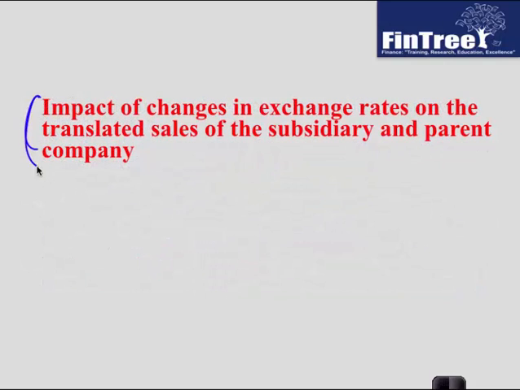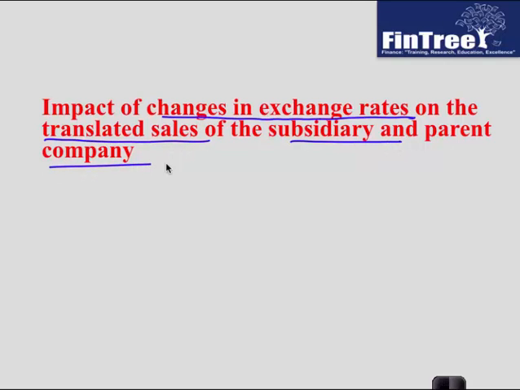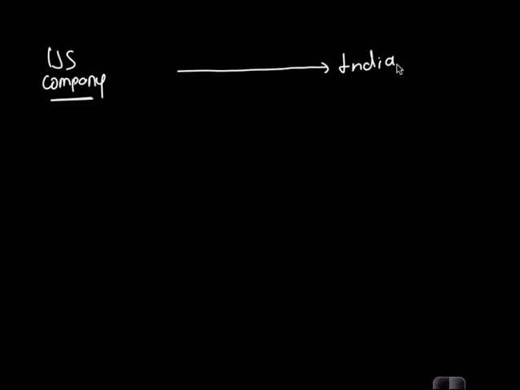Next learning outcome. Impact of changes in exchange rates on translated sales of the subsidiary and the parent company. So let us say it's a US company and they are making sales to an Indian company.